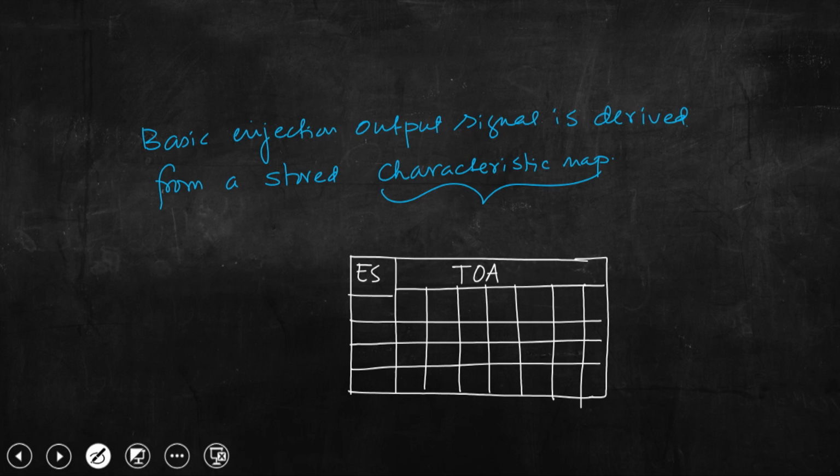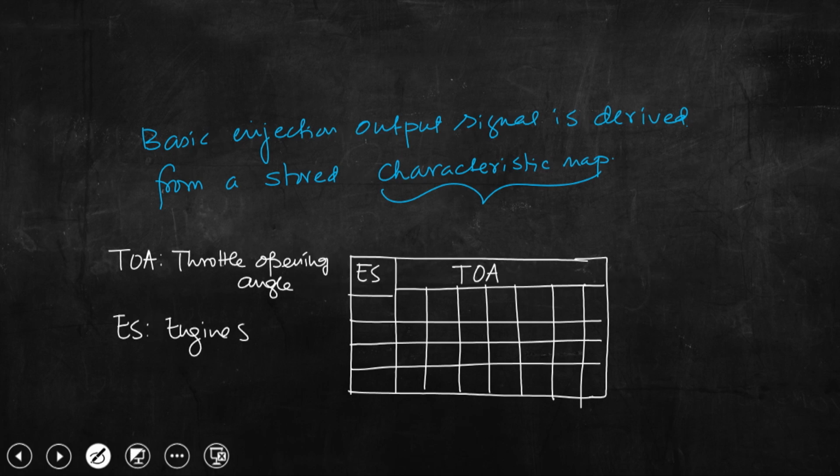This TOA stands for throttle opening angle, and ES is engine speed. Okay.